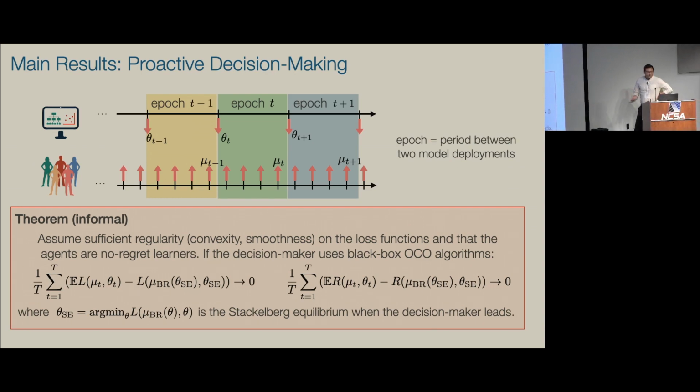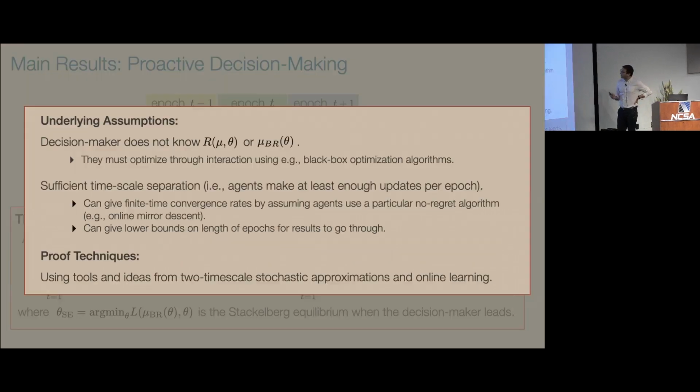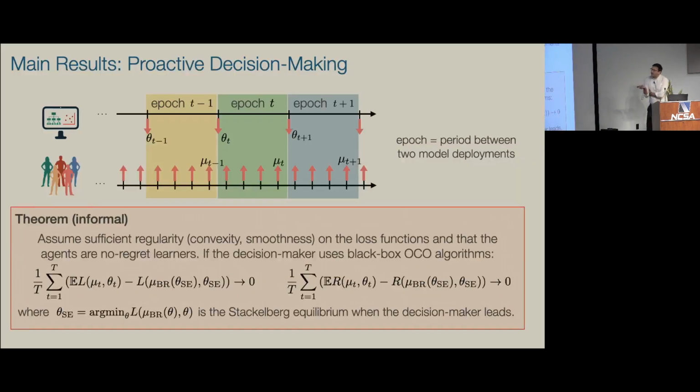So maybe that's not surprising, because that would recover just the classic strategic classification work. But the difference now is that the population is no-regret, and they're not just immediately best responding.